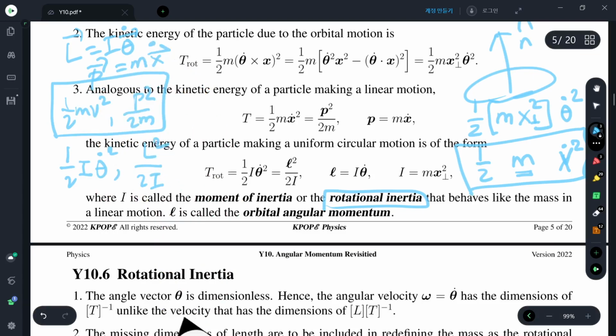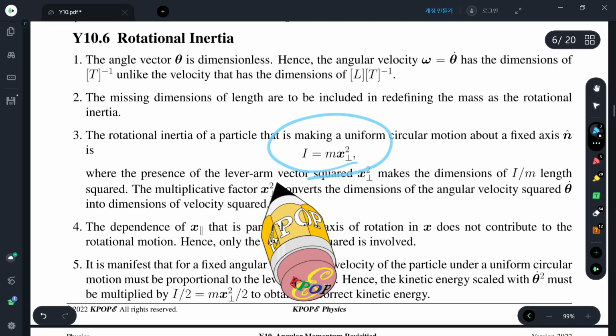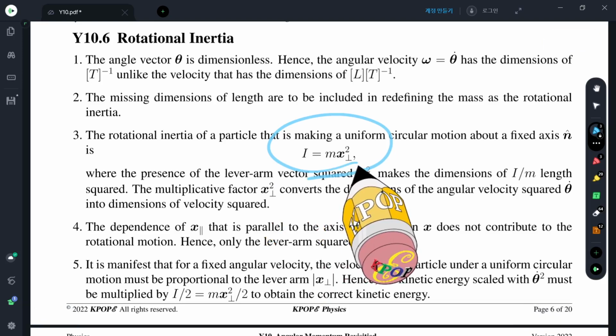So rotational inertia has a structure mass times lever arm squared.